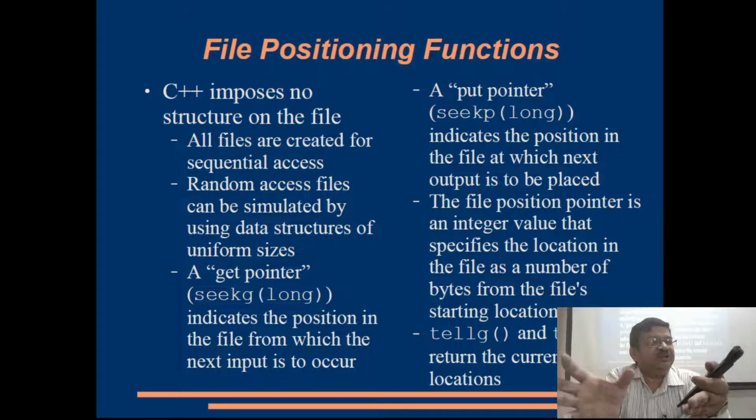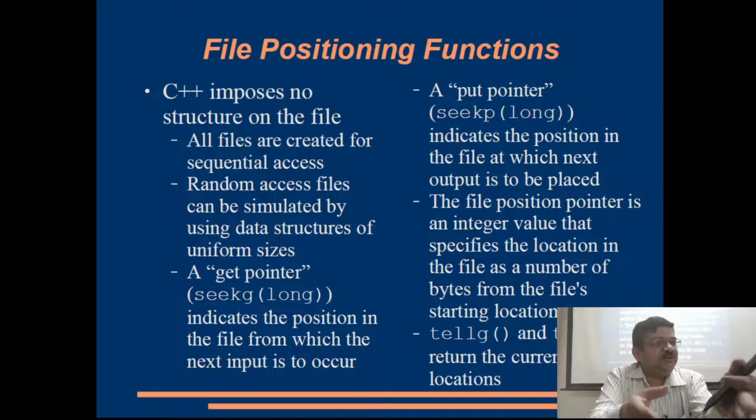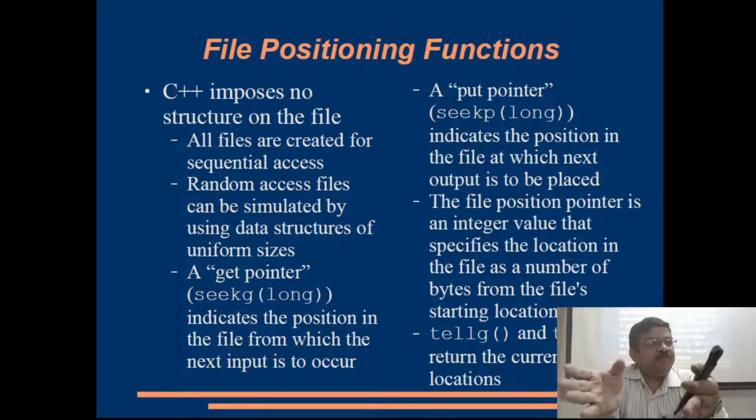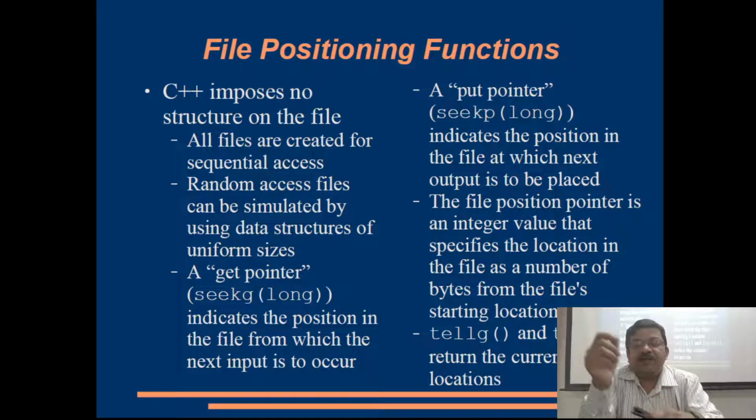What seekg and seekp do is specify the offset from the beginning of the file, and that defines the storage location where the input is to be read from or where the output is to be written.